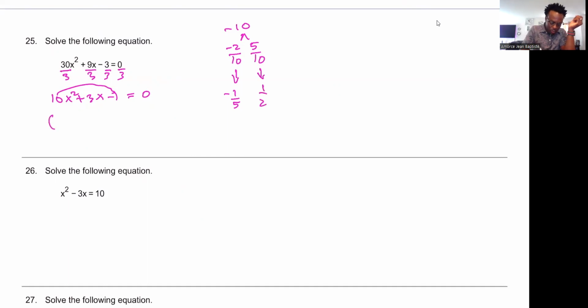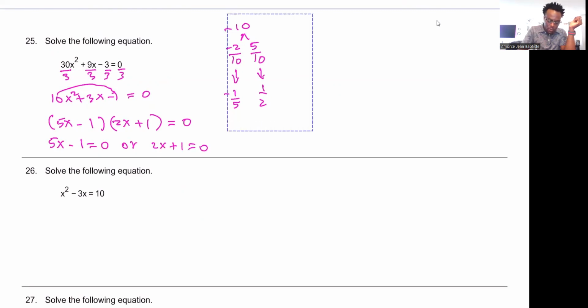The factored form here would be, denominators go with the x, 5x minus 1 and 2x plus 1. And then set each equal to 0: 5x minus 1 equals 0, or 2x plus 1 equals 0.